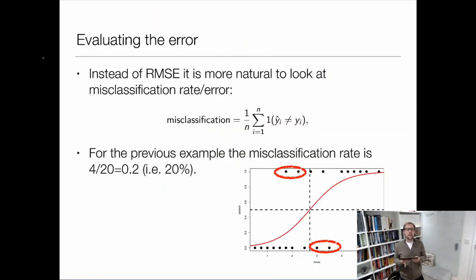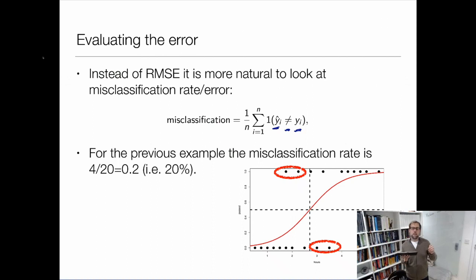So if I look here, I can define the misclassification rate just as what I just said, the fraction of points I got wrong. Mathematically, it would just be the sum over the indicator function when the predicted label is different to the true label. I will sum over all points.